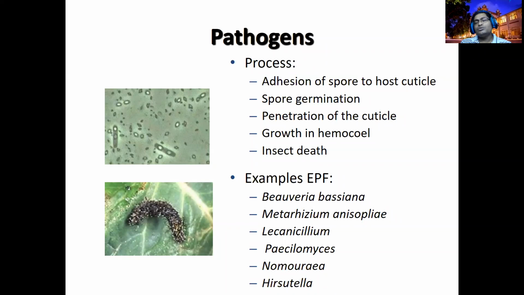So there are no side effects from using these Bt gene-inserted maize or brinjal, right? Some genetically modified crops have drawbacks. Why?